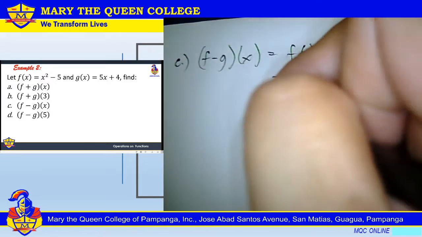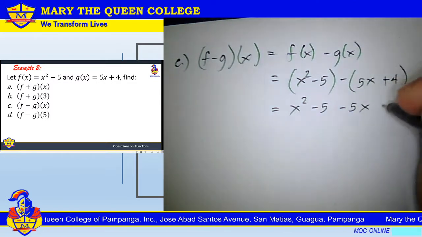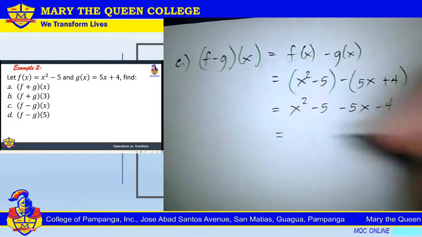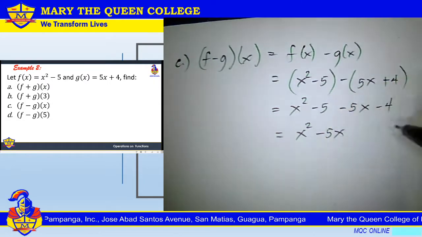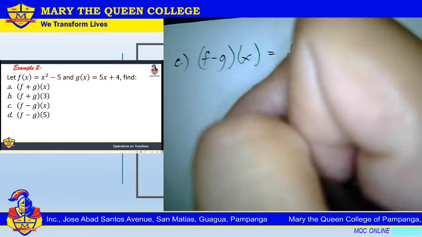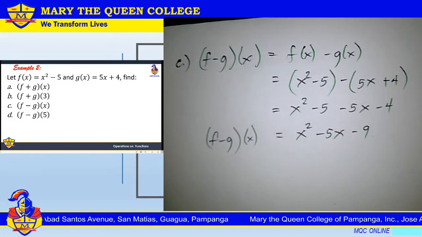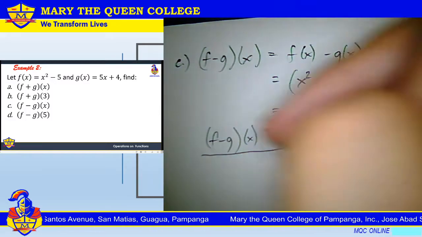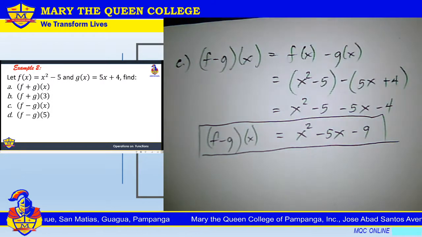Then, remove the grouping symbol. We have x squared minus 5 minus 5x minus 4. Combine similar terms, we have x squared minus 5x minus 9. So, this is now our difference, f minus g of x, based on our given functions, f and g. So, yan po yung ating nakuha.